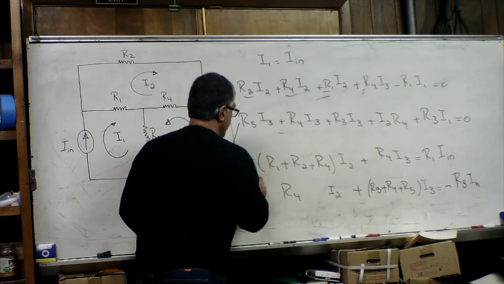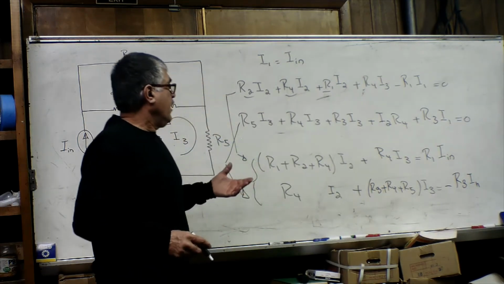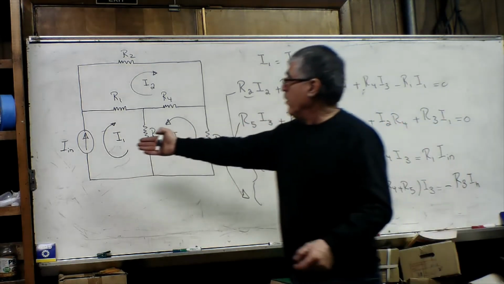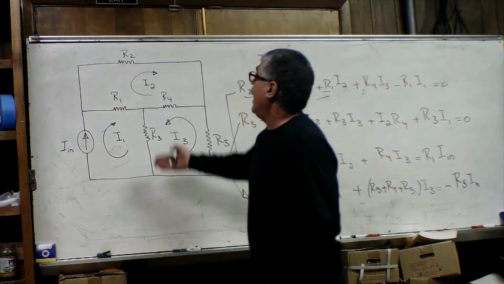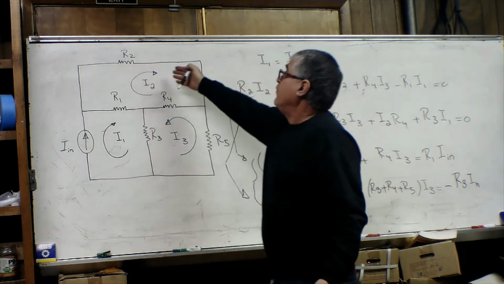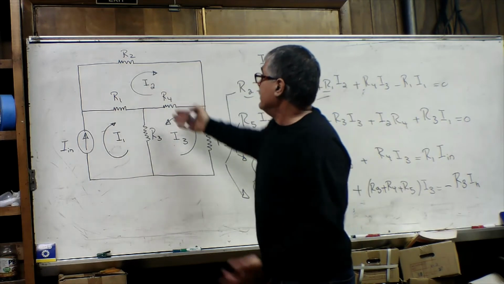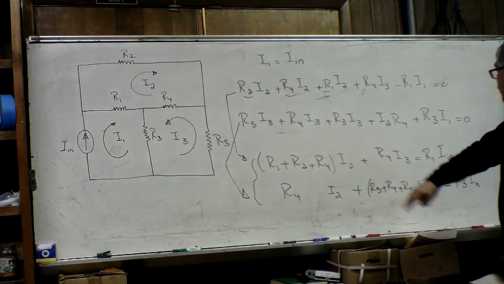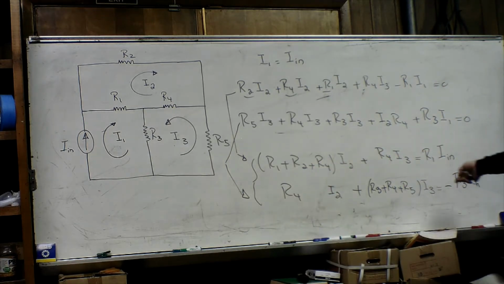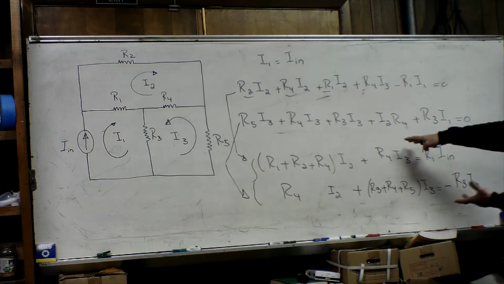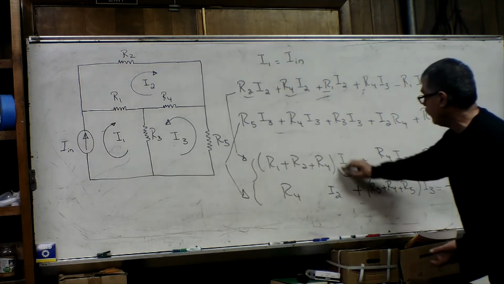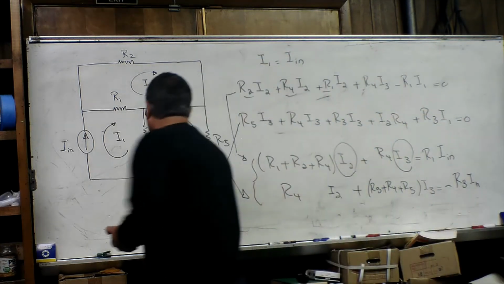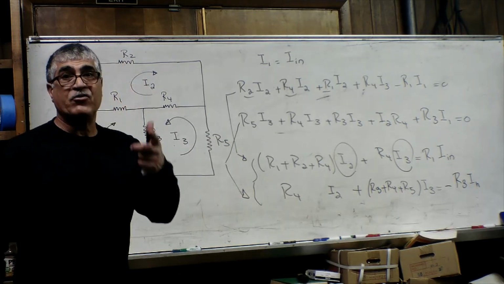Now we have two equations, and in these two equations we have everything. We definitely have our supply current, and we have the values of the resistances in real life. So we have R1, R2, R4, and we have I in. The only thing that we need to solve in these two equations is the value for I2 and I3. So let's go ahead and write these two equations in a matrix form.